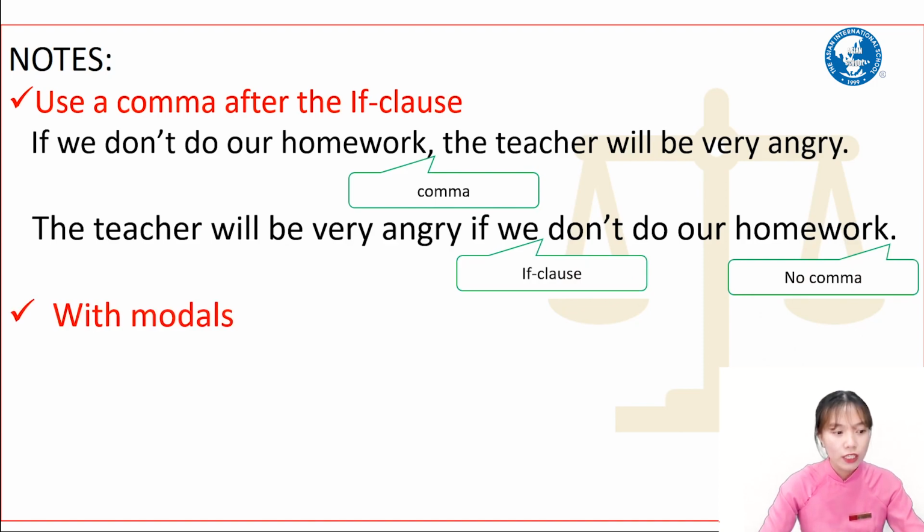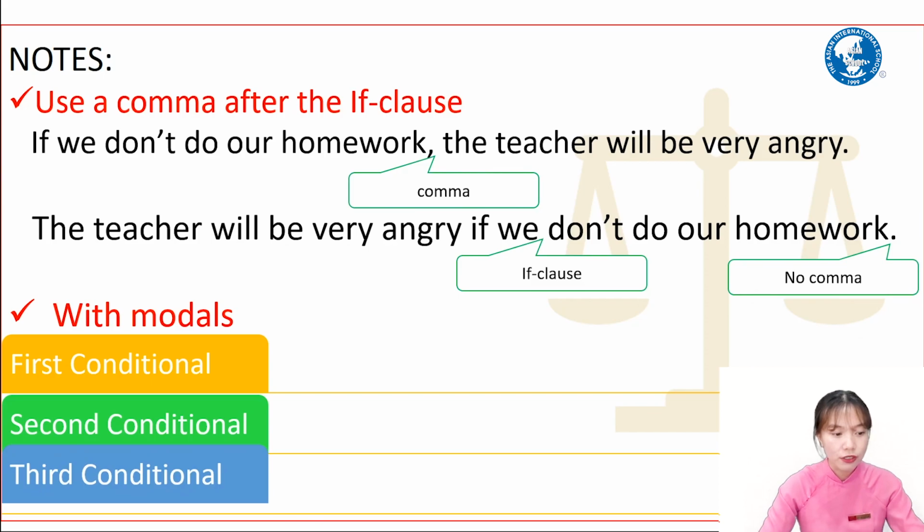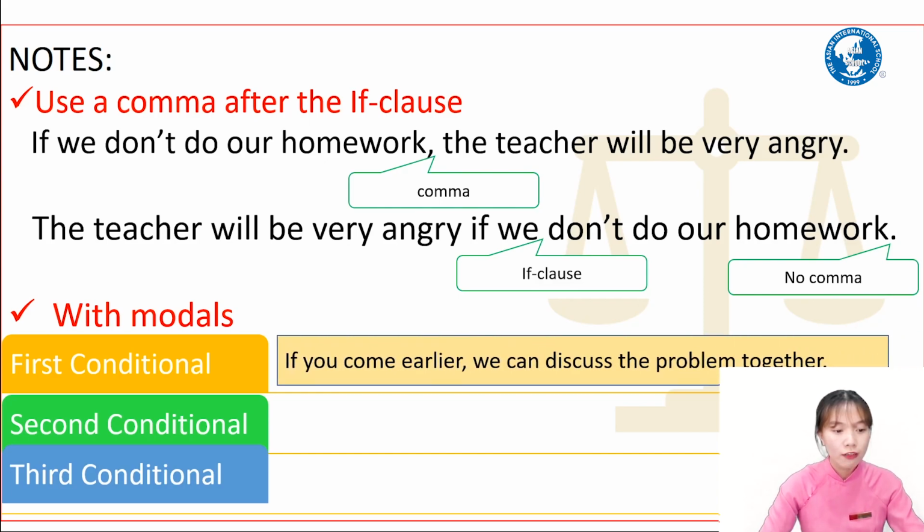The next one is the way we use modals. So we have first conditional, second conditional, and the third conditional. The way we use modals for these conditional sentences are different. For the first conditional, we can use will, should, can, or may. For example, if you come earlier, we can discuss the problem.